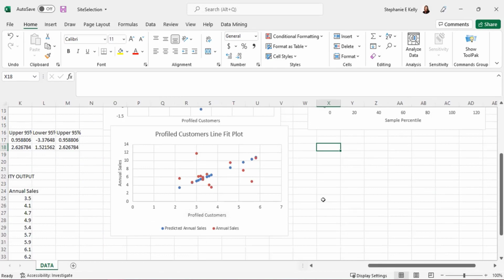Our next scatter plot is something that earlier this semester we called a colored scatter plot. It's a scatter plot such that the different colored dots represent different data. The red dots represent the actual annual sales. The blue dots represent the predicted annual sales.